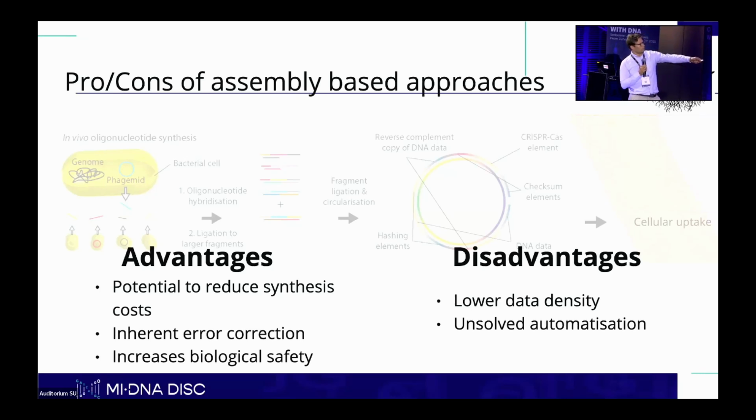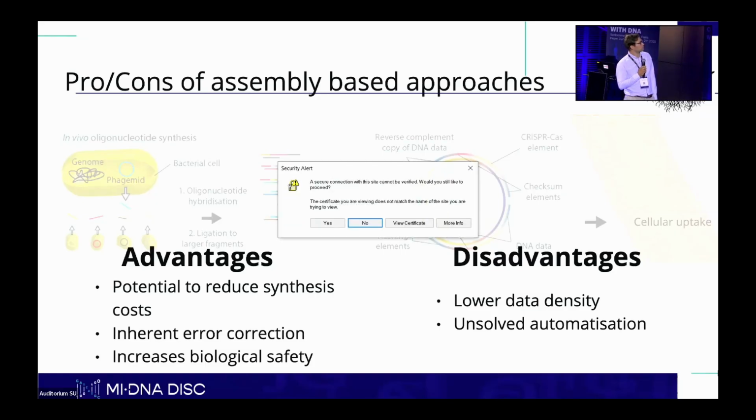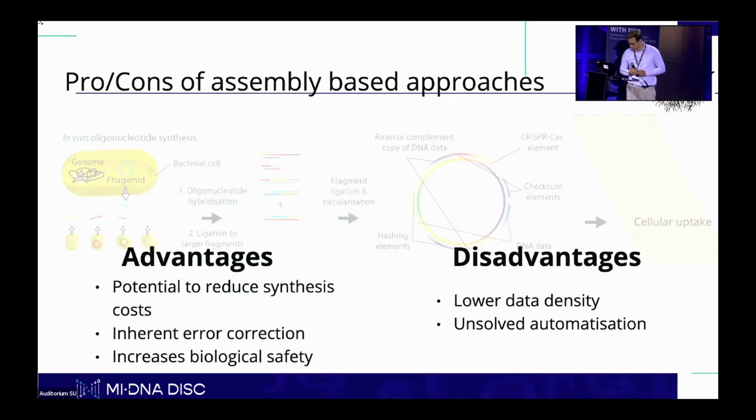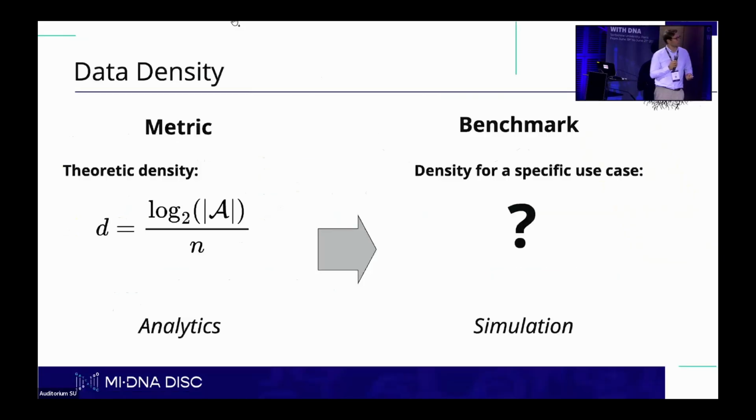I would like to point out two of them: the lower data density, which is one of the main disadvantages of this approach, and the inherent error correction. These serve as good examples for how we use simulation in this project.